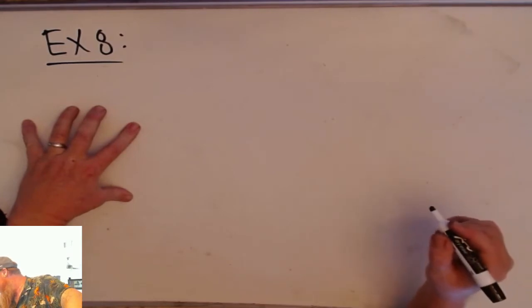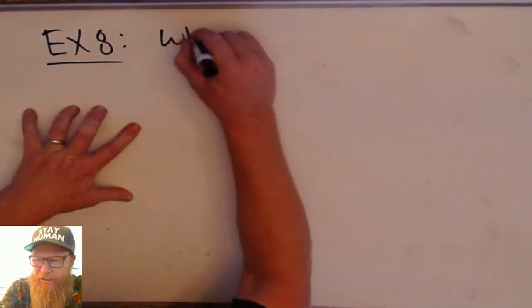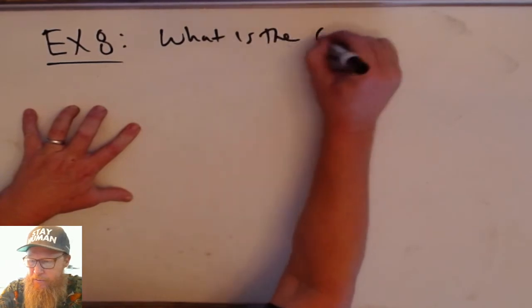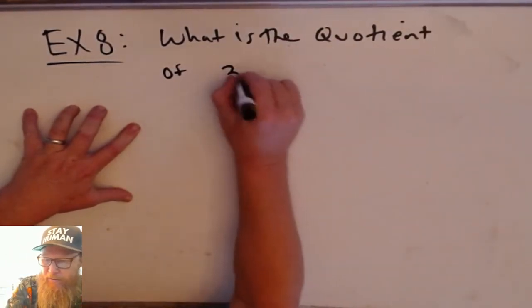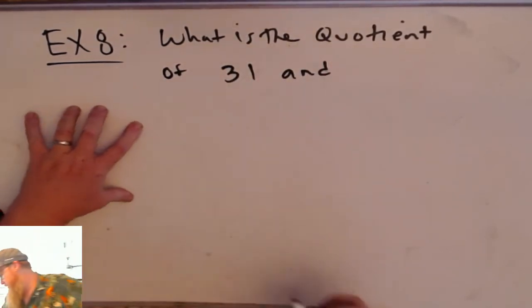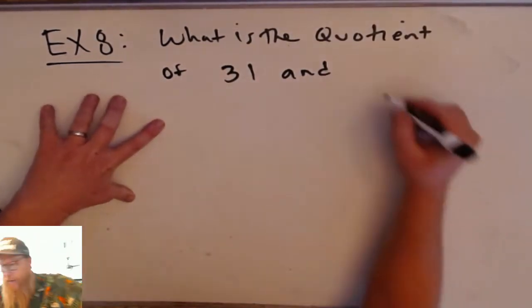All right. What's the quotient of 31 and 3 1/10?